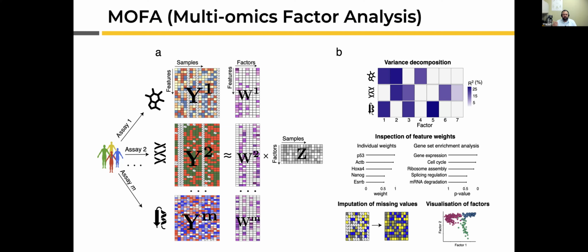So latent factors being some linear combinations, and these are the purple W matrices that you see there, some linear combination of features that combine together to sort of define that omic measurement. Like I said, this will give you the strength of relationships among the different omics factors.